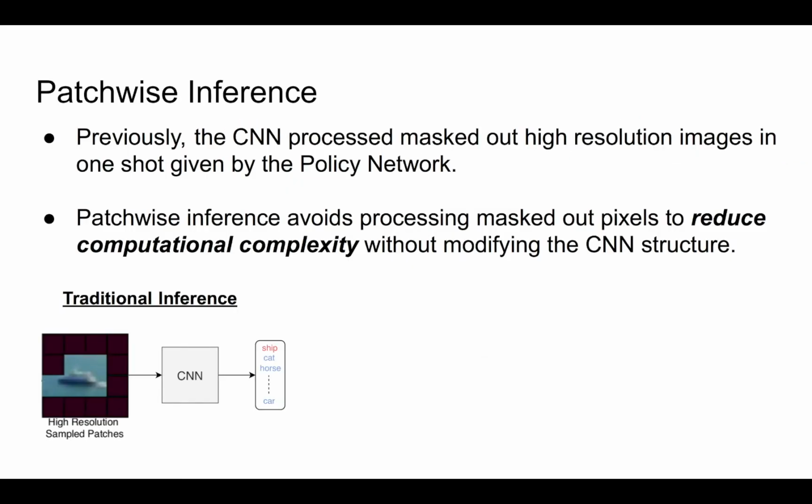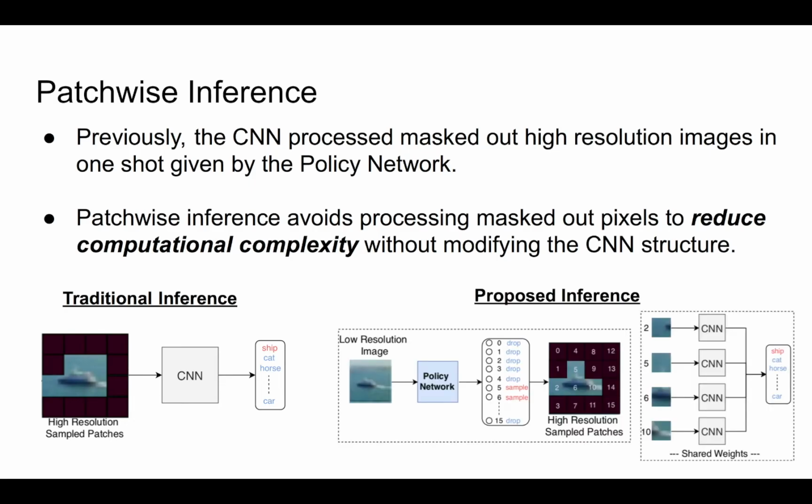The previous approach passes the whole masked image through the classifier. Thus, as we process masked patches, we cannot reduce the computational complexity. To address this problem, we propose adaptive patchwise inference that processes only sampled patches in parallel using a CNN with shared weights.